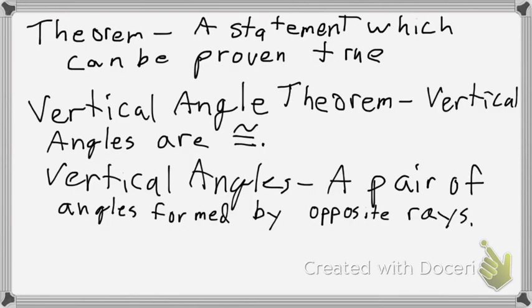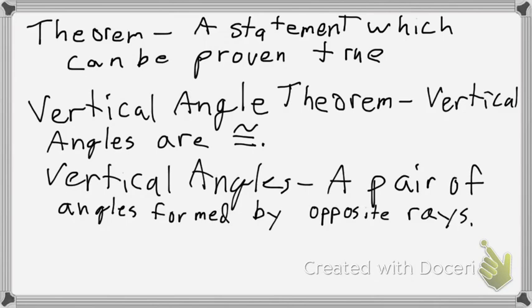So the first thing we need to do is make sure that we're all dealing with the same vocabulary. What I want you guys to do first is copy all of that down into your notes. A theorem is a statement which can be proven true.